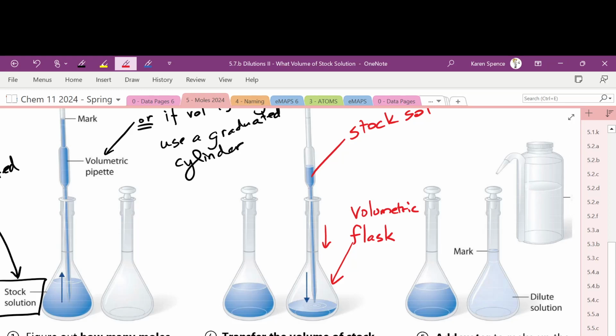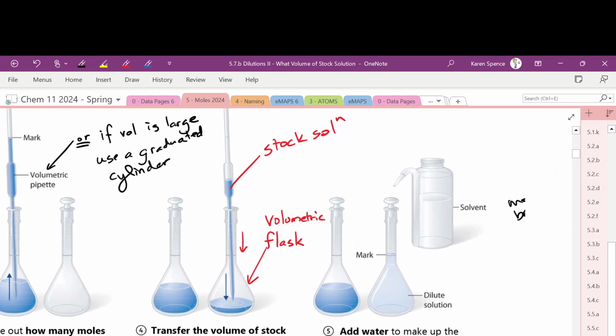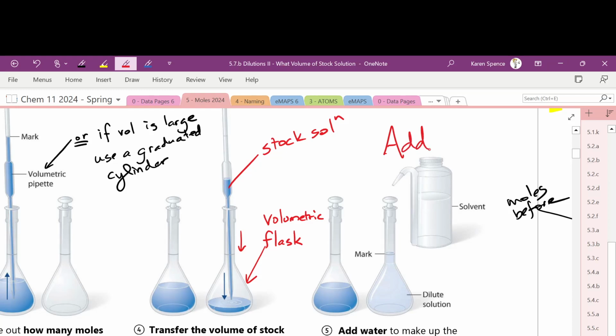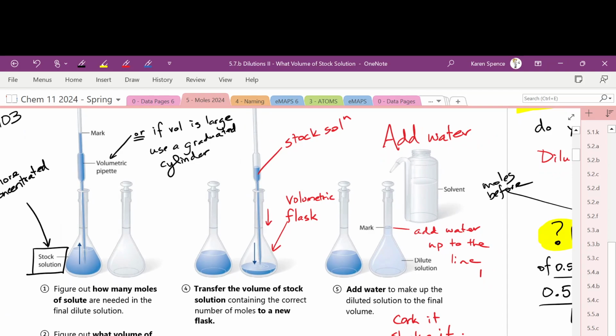And then what would you add to dilute it? Water. Add water. And where would you add it up to? You would add it up to the line. And then you would cork it, shake it. Is good? Okay.